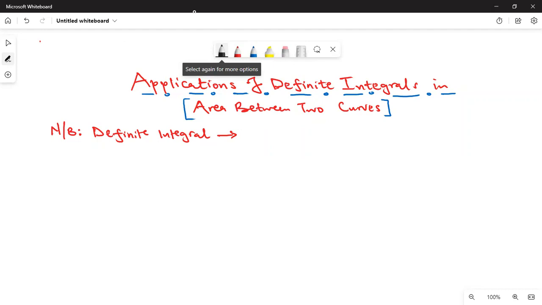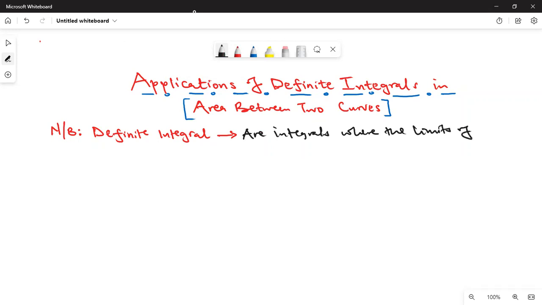So when you talk of definite integral, then we mean that these are integrals where the limits of integration are given.